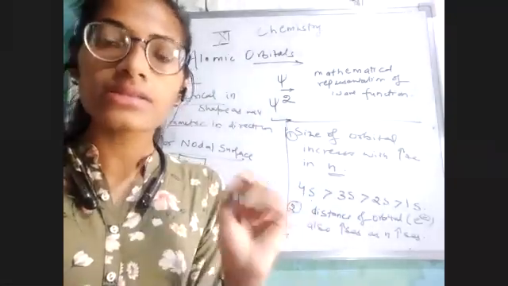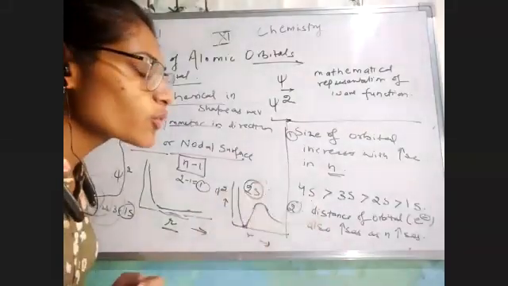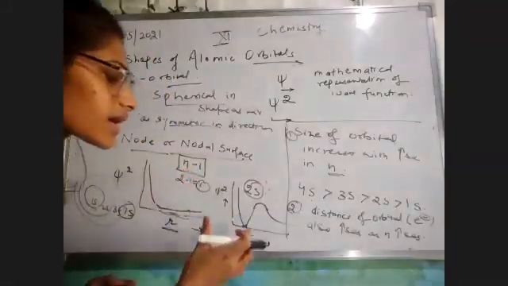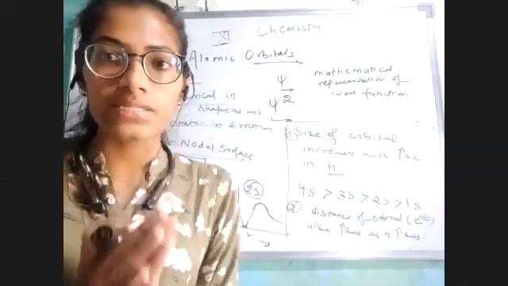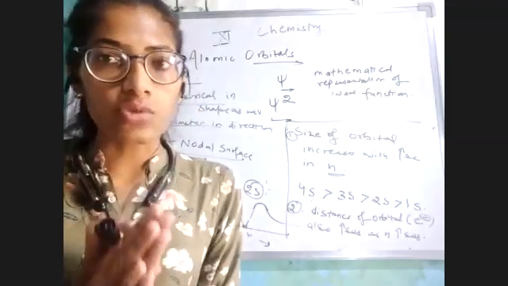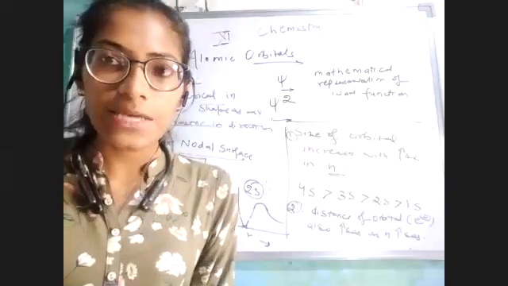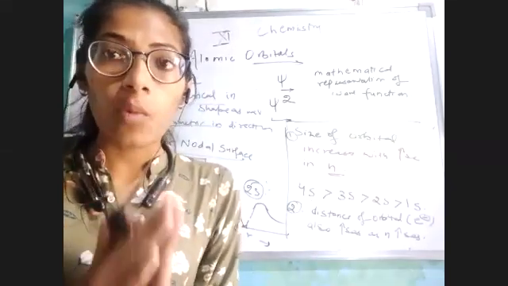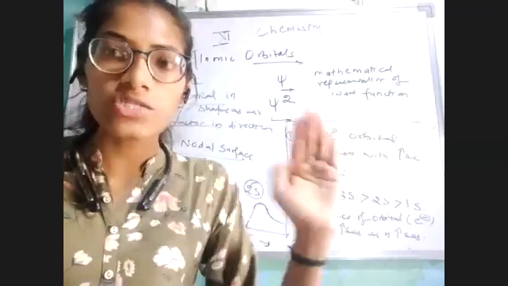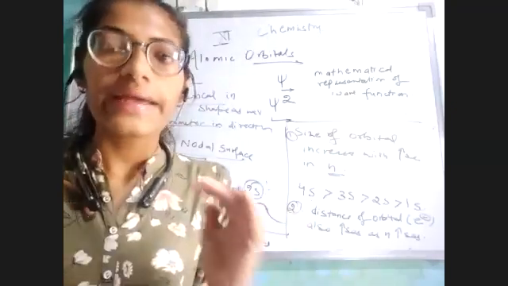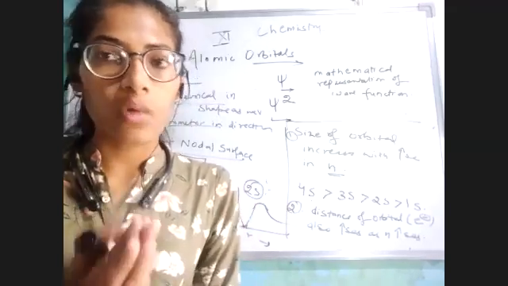And the third most important point is, as we go to 2s or 3s, there is a kind of space where finding an electron is 0, and that is known as node or nodal surface. So this was the concept derived from our topic, spherical shape of s orbital. These three observations were very important and give us all the details about s orbital.